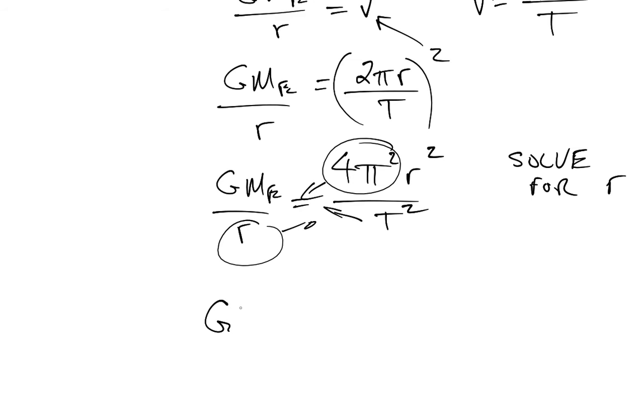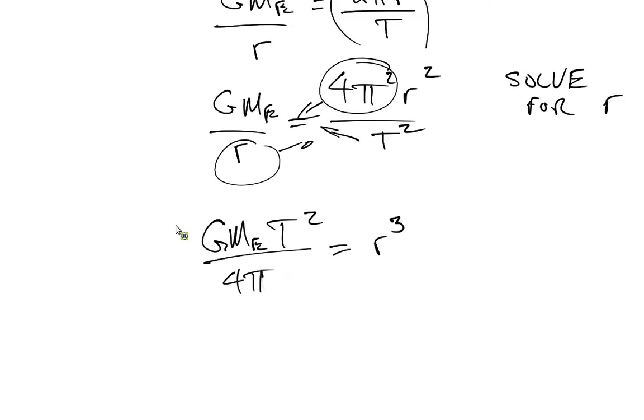So then we have G M E T squared all over 4 pi squared, and that's going to all equal R cubed.